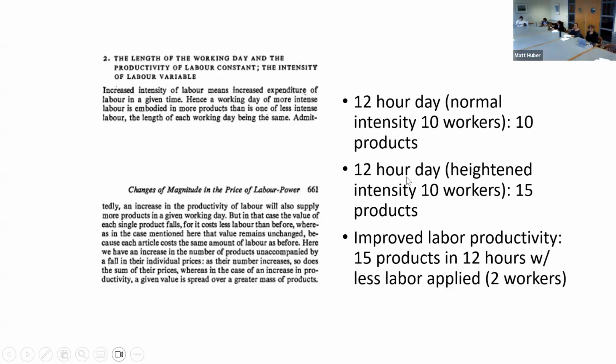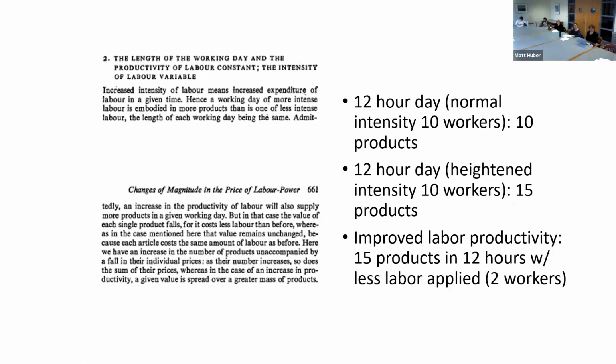But in this case, as he goes on in this section to show, if the length of the working day and the productivity of labor is constant, this intensity can vary, right? It can go up and down. Some days the workers might produce 10 products, some days they might produce 15. And that means they're producing more value, but it's in terms of number of products.